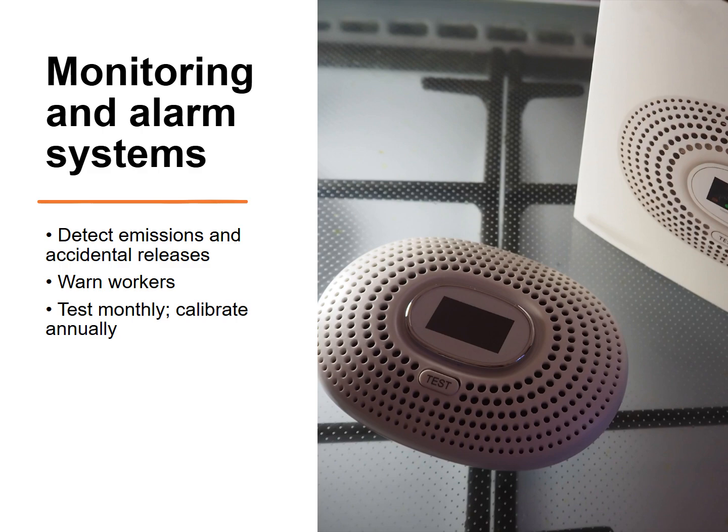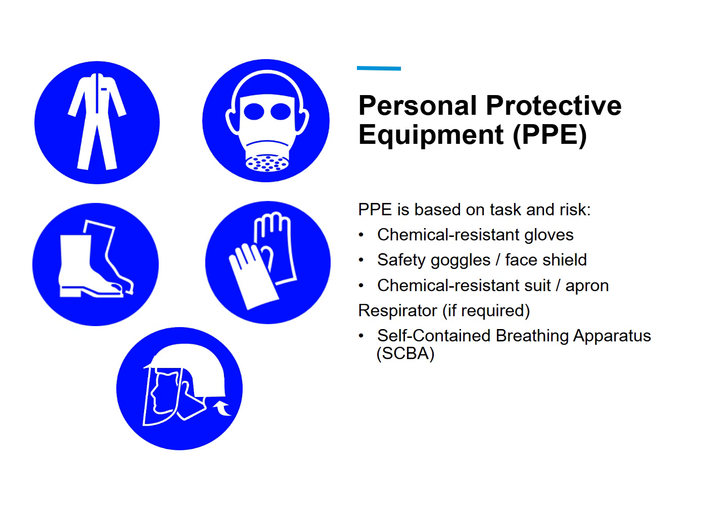They are connected to alarms that warn workers and trigger controls during emergencies. Systems need to be tested monthly and calibrated annually. PPE may be required based on task and risk. A respirator may be required if toxic process gases may enter the breathing zone. In restricted access enclosures, workers may need to wear or carry an emergency respirator.